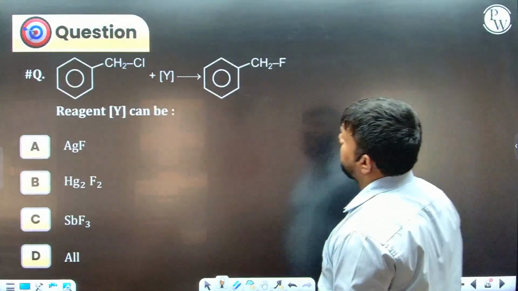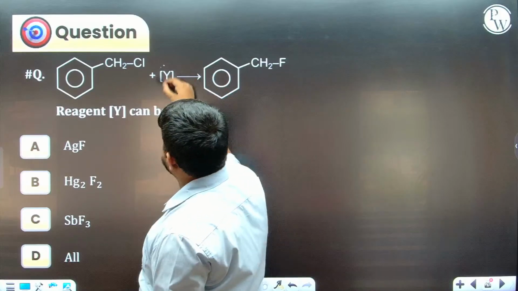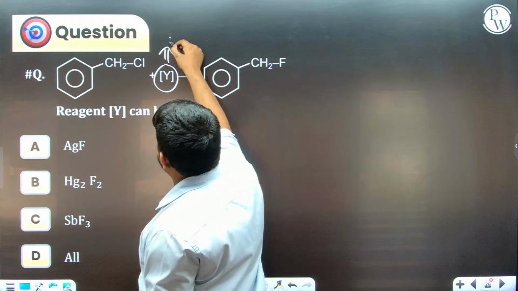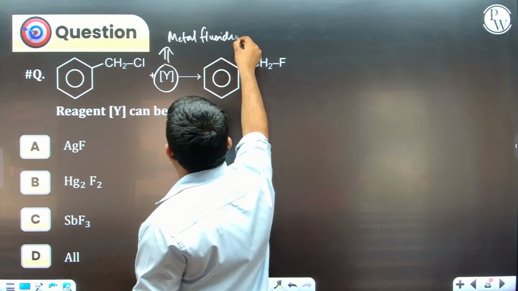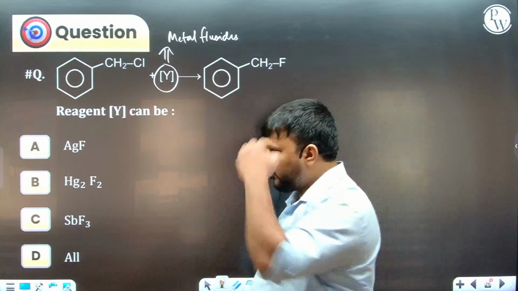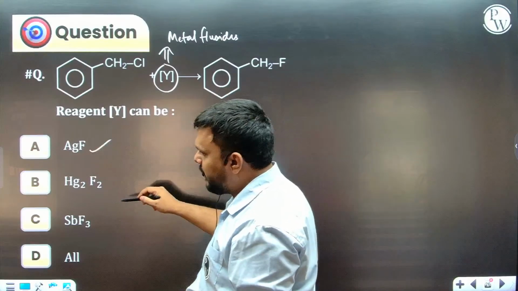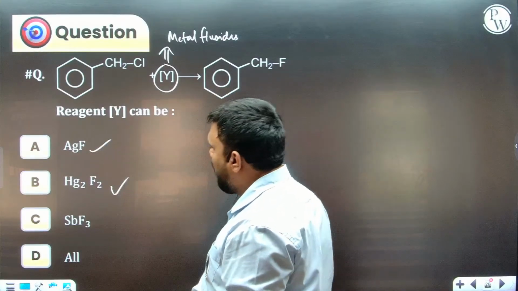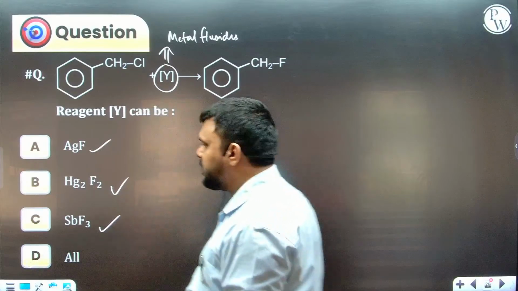Next, they have given us this reacted with Y giving this. So this will be a metal fluoride. As we discussed, metal fluorides are used for the Swarts reaction for preparation of fluoroalkane from chloroalkane or bromoalkane. So we can use AgF, Hg2F2 or SbF3. So all of these will be the answer.